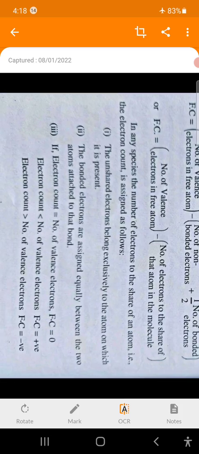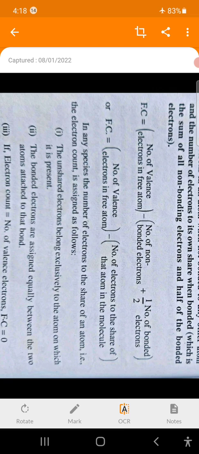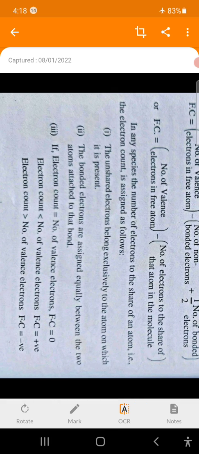There is a formula given here. The second formula considers that formal charge is equal to the number of valence electrons in the free state of the atom minus, in brackets, the number of electrons to the share of that atom in the molecular state, that is the combined state.